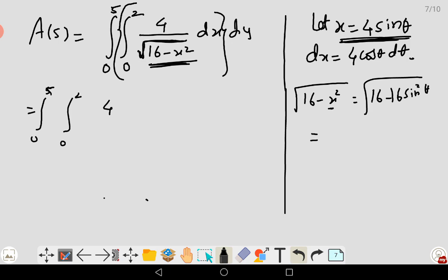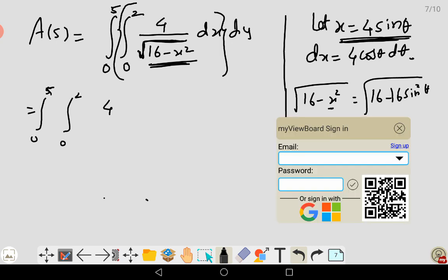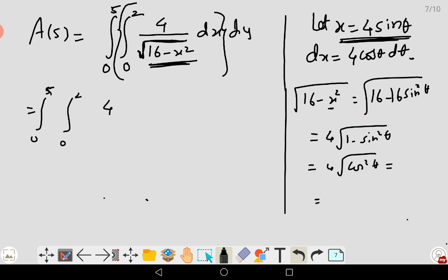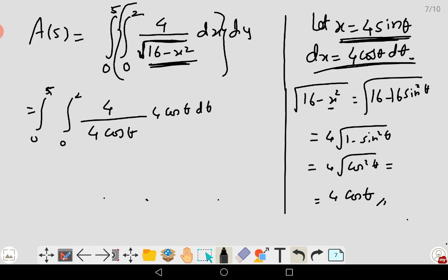So take 16 outside of the square root, it will be 4, and then 1 minus sine square, which is cosine square. So 4 times square root of cosine square. When we are discussing the positive side, you take positive cosine, and you will get 4 cosine theta as your denominator term. And dx is already 4 cosine theta d theta.